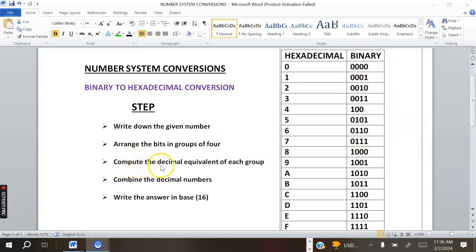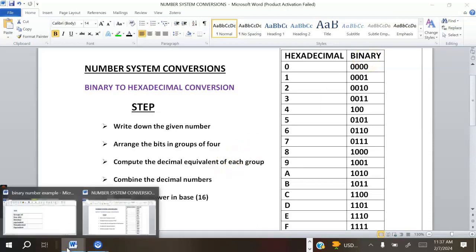Then number 3, you compute the decimal equivalent of each group. Number 4, you combine the decimal numbers. And lastly, you give your answer in base 16, because from 0 to F we have 16 numbers. For binary, they are always 2, that's why we always have base 2.